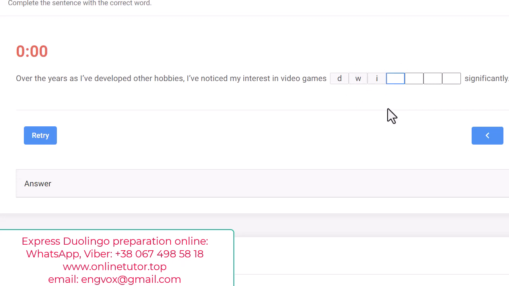Also, a very interesting aspect here, they try to catch us on such a logic that if I have interest here, a person who is not very sophisticated in this will think that I must have an ending s or even es, because it's interest.